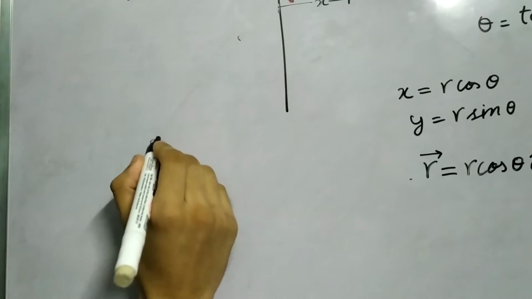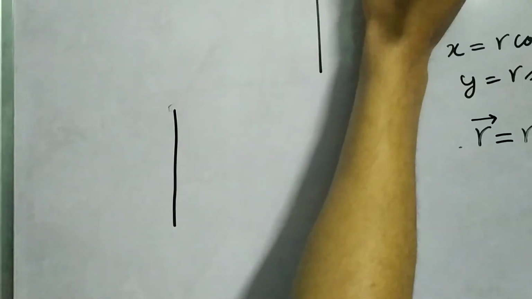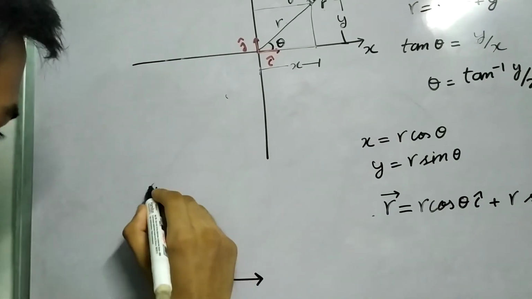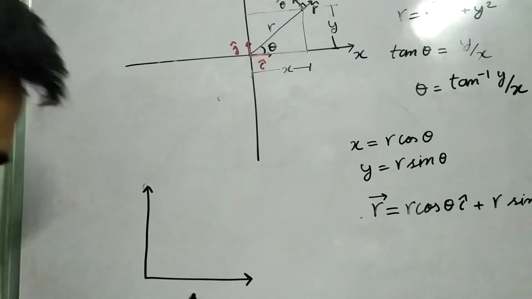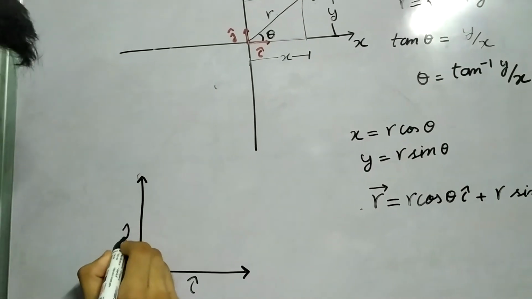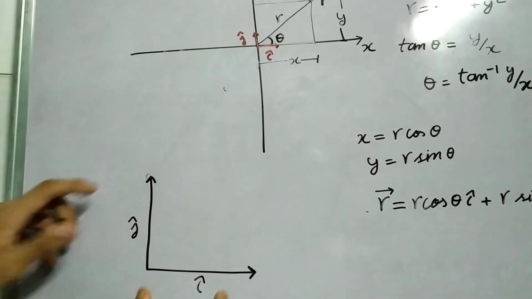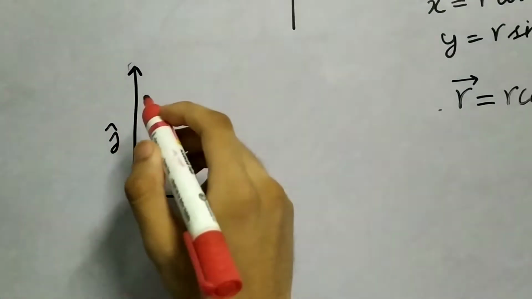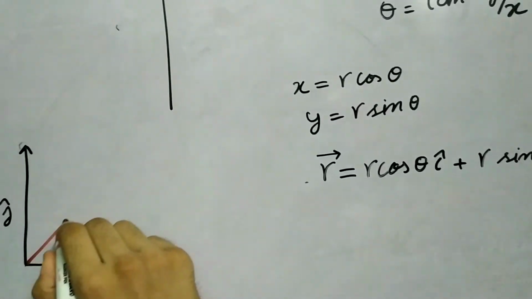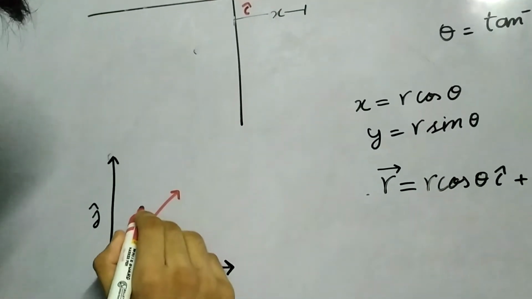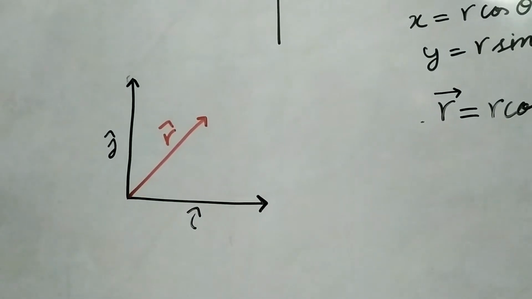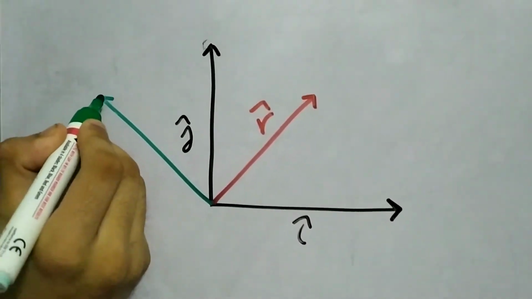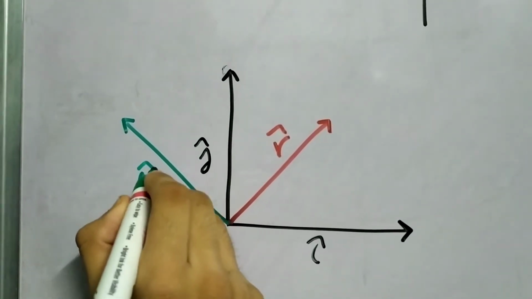Let's see. I'm drawing this right over here. This is i cap, this is j cap. The magnitudes are 1. I've drawn them bigger for a better representation, that's the only purpose. This is the r cap vector, and perpendicular to this we have theta cap.